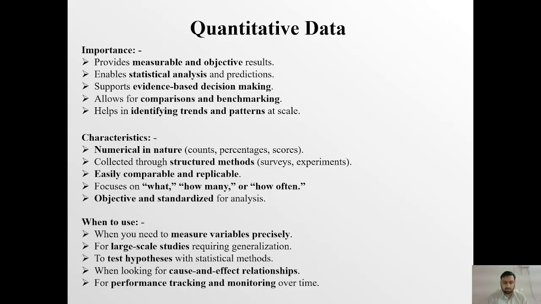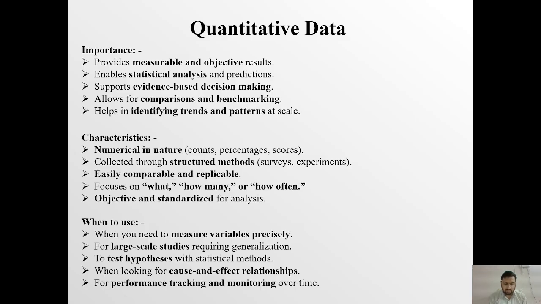Now let's see an example. If I say the temperature today is 32.5 degrees Celsius, then that is continuous. If I say we have 50 students enrolled, that is discrete.